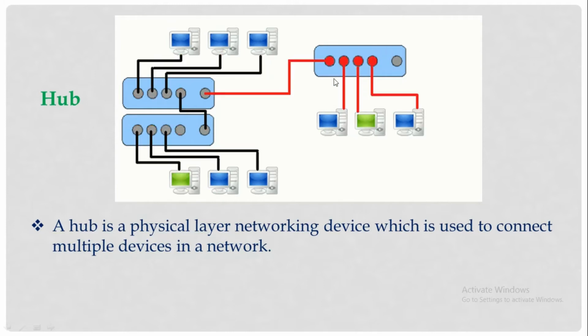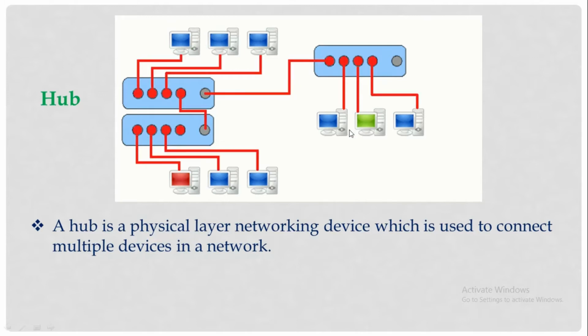The hub is a non-intelligent device, which means that the hub receives the information and forwards it to all the ports that are connected. So the hub receives the information from this system and forwards it to all the ports in this hub, so that the information is received by all the systems in this hub as well as in the next hub, because these 2 hubs are interconnected with each other.